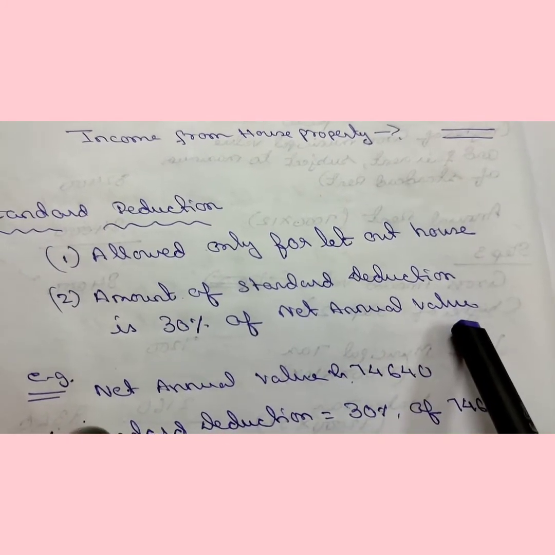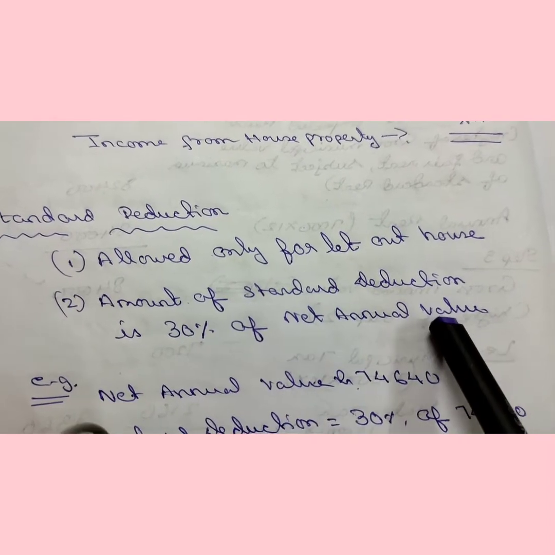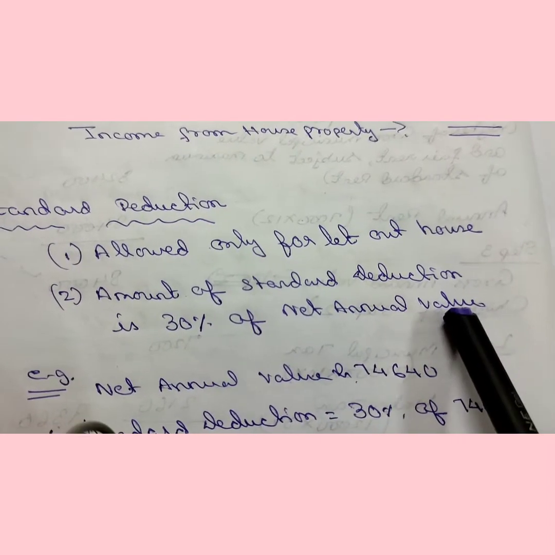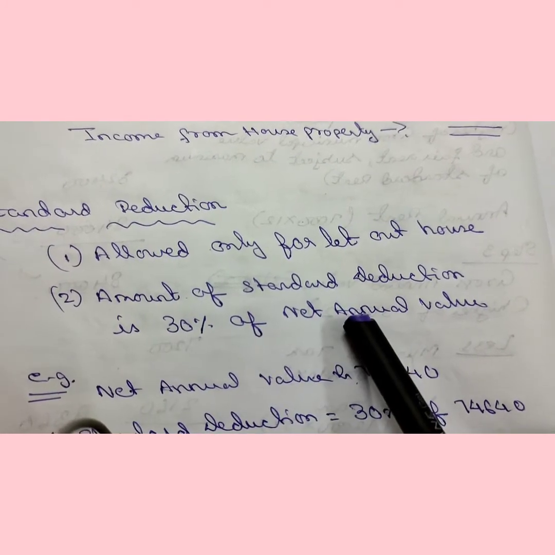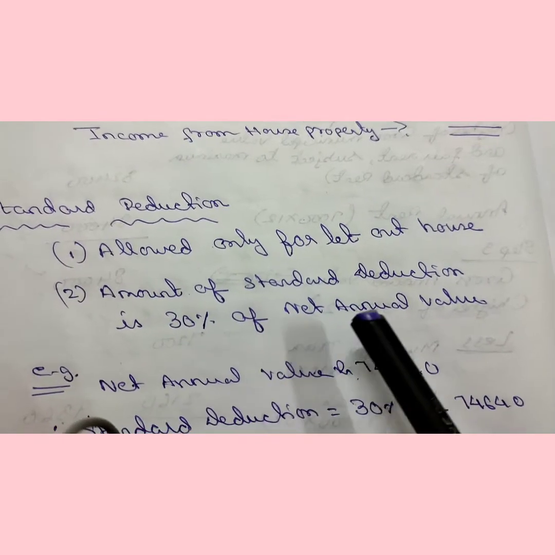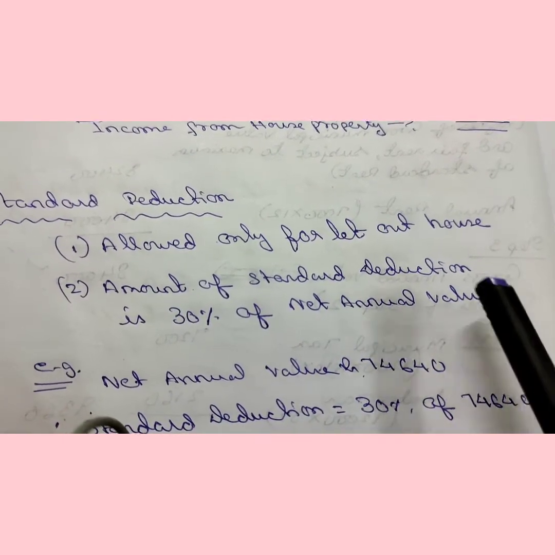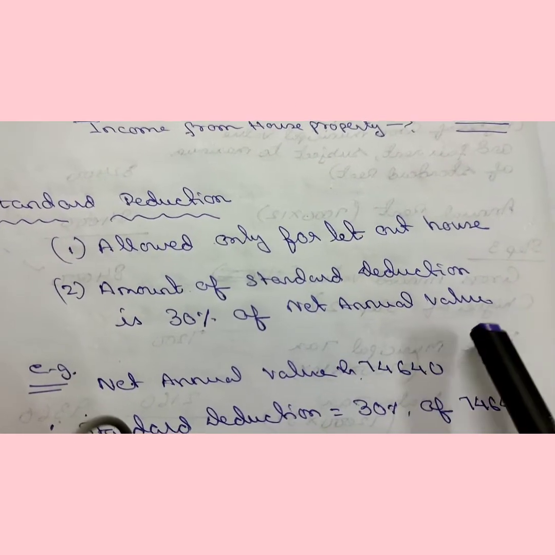Now in case of let out house there is an annual value, and from there we can calculate 30% as standard deduction. But in case of self-occupied property there is no standard deduction because annual value is 0, and 30% of 0 is also 0.